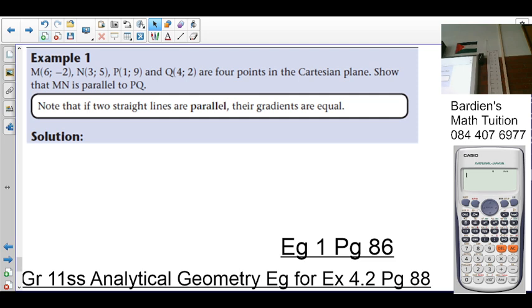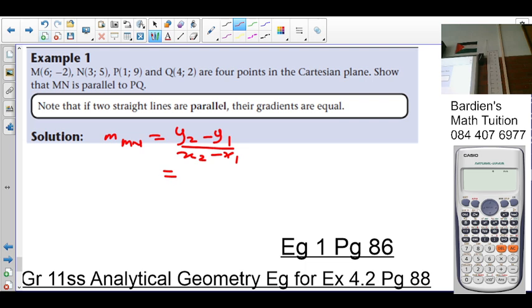So the gradient of MN we're going to work out, which is y2 minus y1 over x2 minus x1. So for MN it's going to be 5 minus 2 over 3 minus 6. 5 minus 2 is 7 over negative 3.